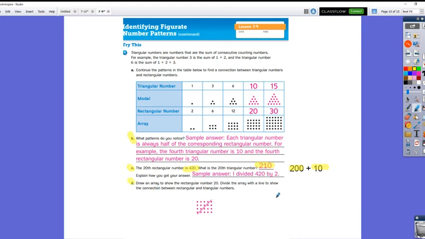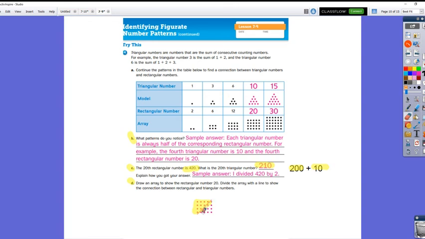Okay, D. Draw an array to show the rectangular number 20. Divide the array with a line to show the connection between the rectangular and the triangular number. Okay, so this array is of 20, which is a rectangular number. What they did is they slashed it in half because they made a triangle over here, which is the triangular number.